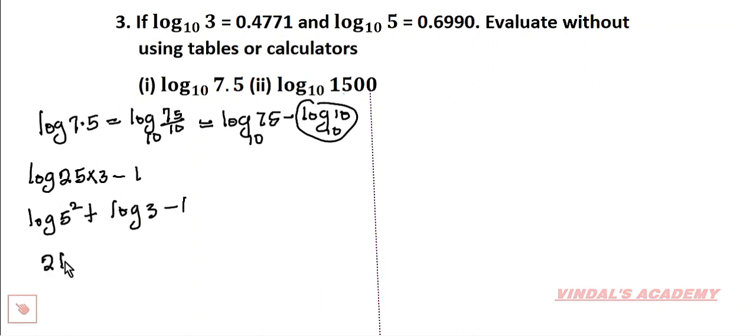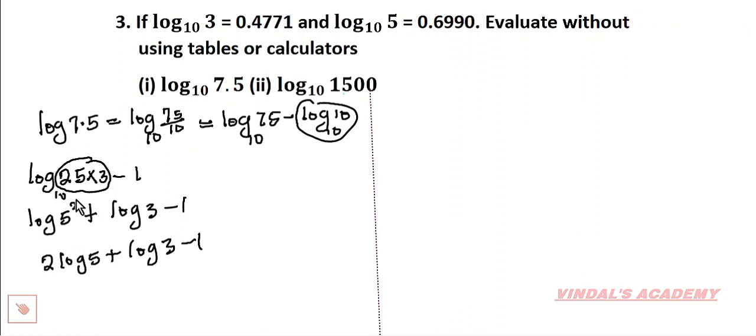This is going to be 2 log 5 plus log 3 minus 1. The reason is that whenever you are multiplying logs that have the same base, they can add separately. And that is why I brought it this way.